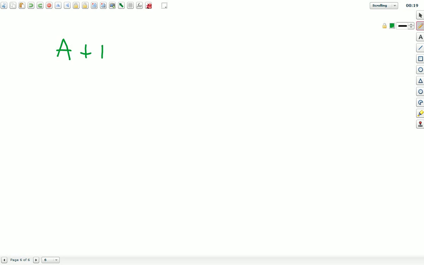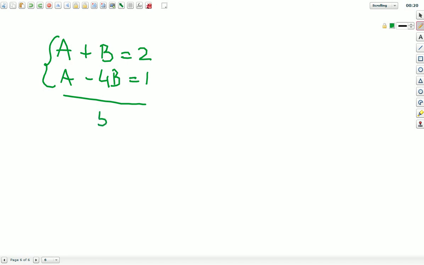We want a plus b to equal 2, and a minus 4b to equal 1. Now I'm going to subtract the bottom equation from the top one, and I end up with b minus minus 4b, which is 5b, equals 2 minus 1.